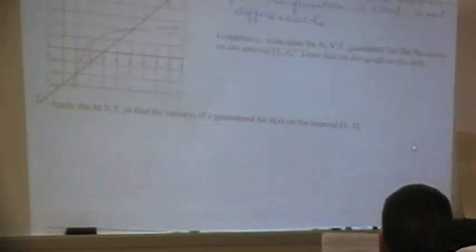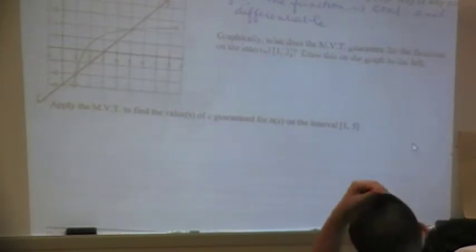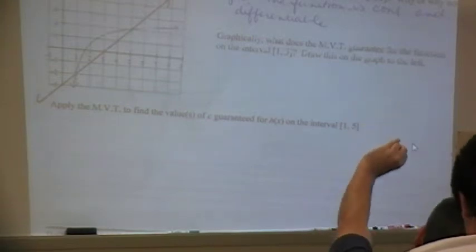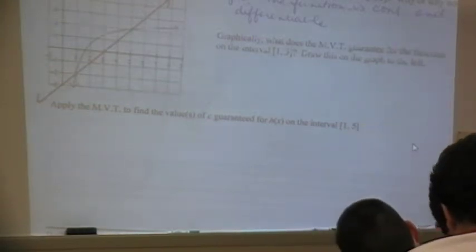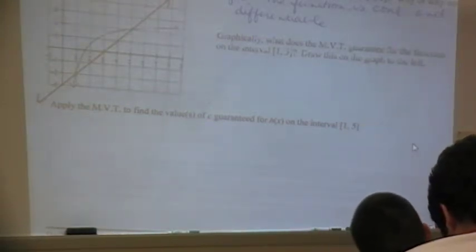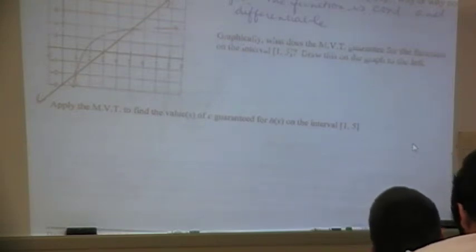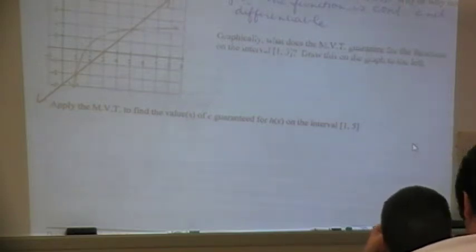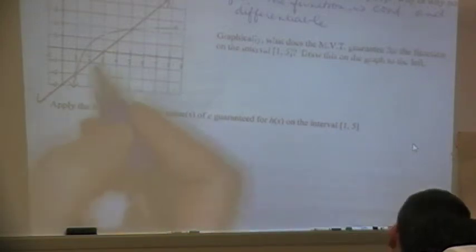So that is the average rate of change on the interval 1 to 5. Because they asked us to do it graphically, there is a place where the instantaneous rate of change is equal to the average rate of change, which means the slope of the two is the same. So I am just looking for a line that is tangent but has that same slope.